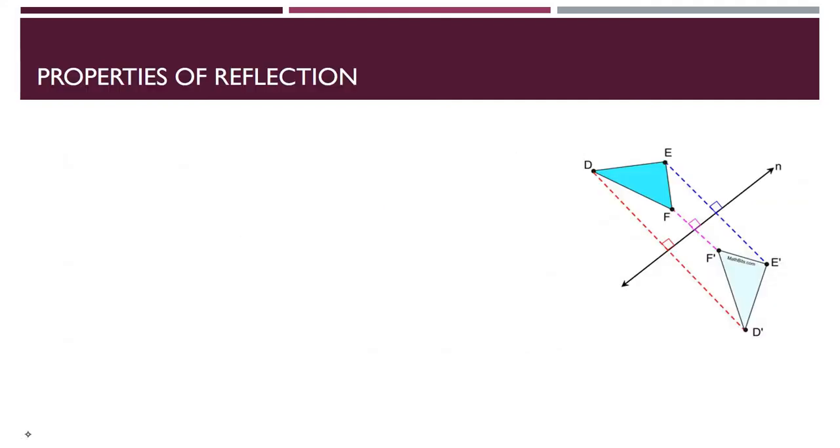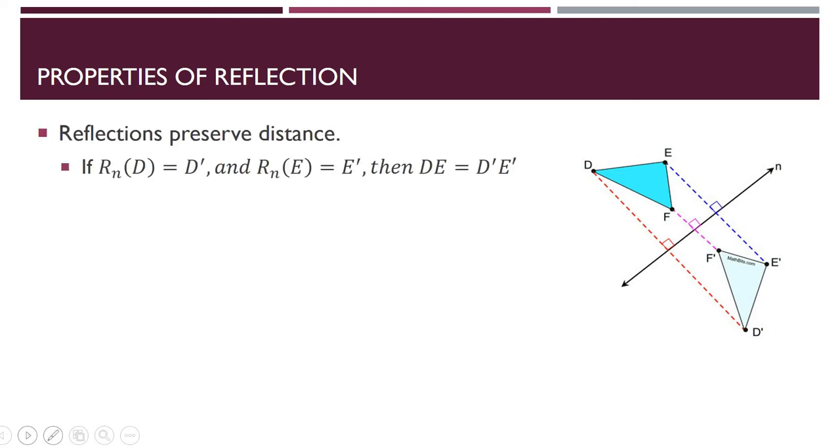Okay, so here's our picture of a reflection over line N this time. And these are the properties of our reflection. Reflections preserve distance.